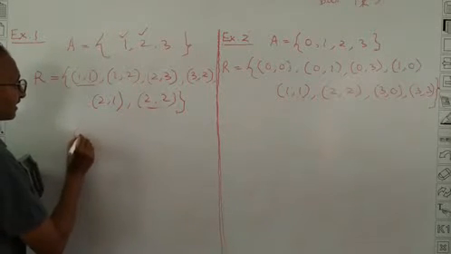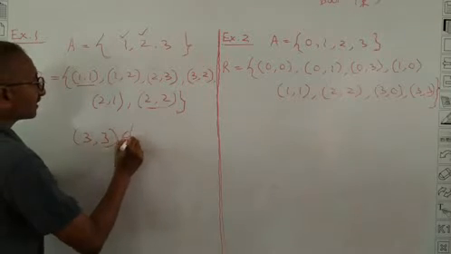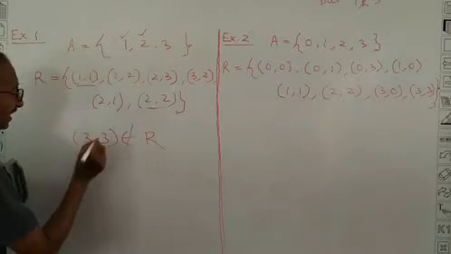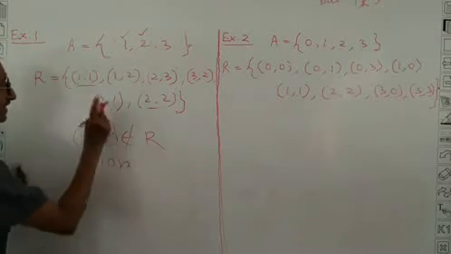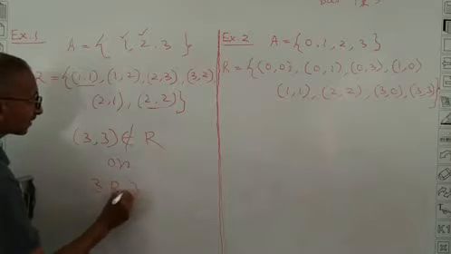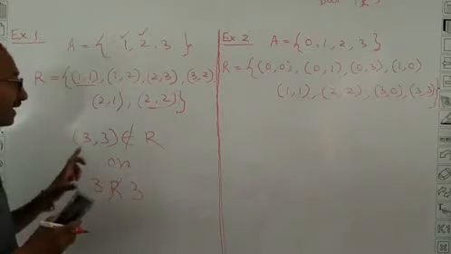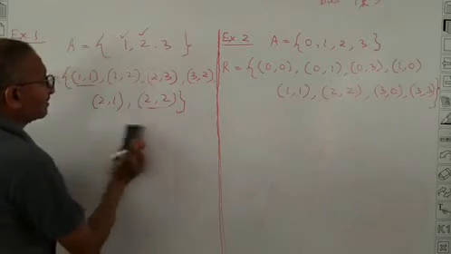Why is it not a reflexive relation? Because 3 doesn't belong to R. Or we can write the same statement in this way: this is not reflexive because 3 is not related to 3. Understood? Now secondly, is it symmetric or not?